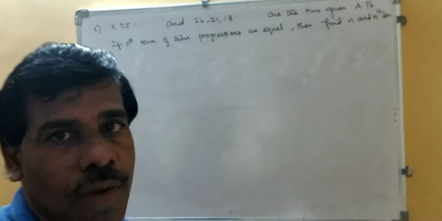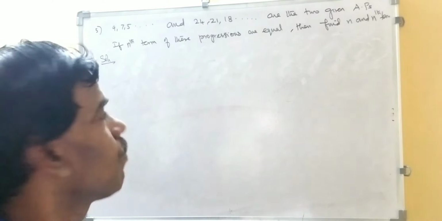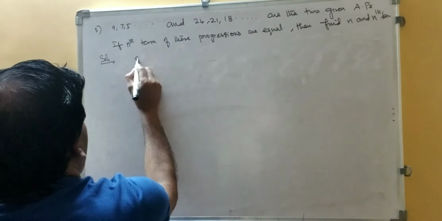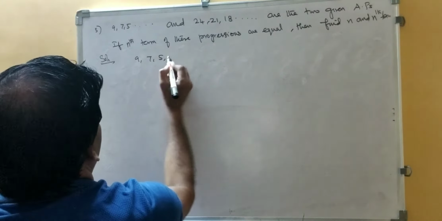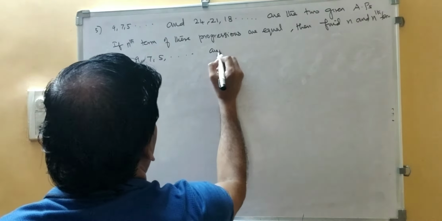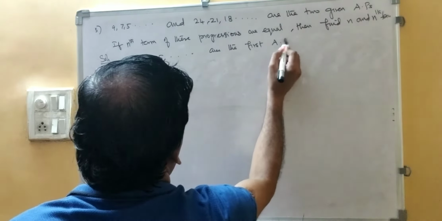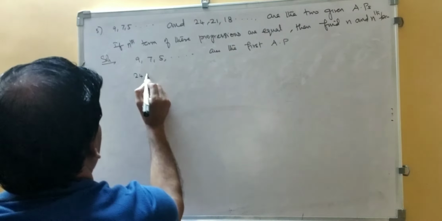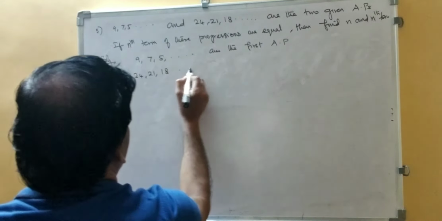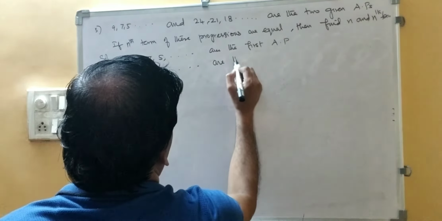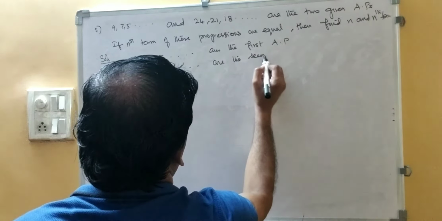Now listen very carefully. It is a little different sum. See, there are two series: 9, 7, 5 etc. are the first AP. 24, 21, 18 are the second AP.